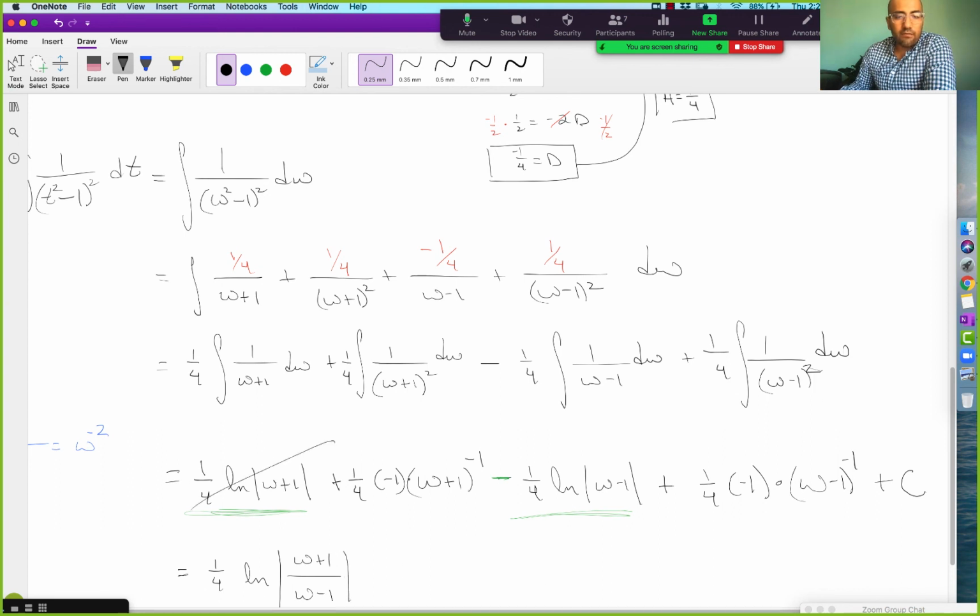That takes care of this whole thing and that whole thing. And then minus 1/4 times 1 over (w plus 1), minus, and same thing over here, 1/4 times 1 over (w minus 1), plus a c.